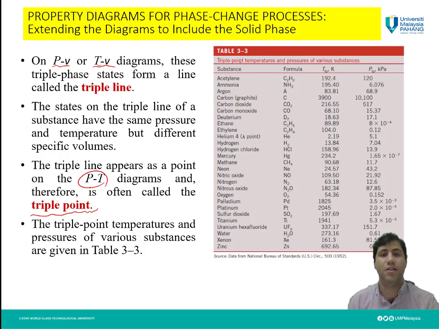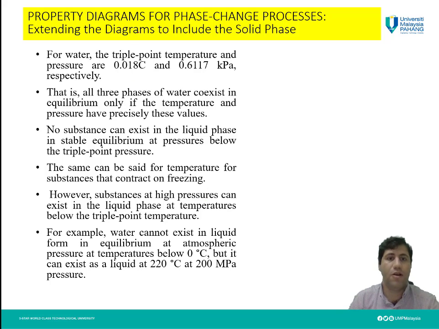For example, for water or H2O, at a temperature of 273.16 Kelvin and a pressure of 0.61 kilopascal, we can have ice, water, and vapor together in an equilibrium condition, which is also mentioned here.